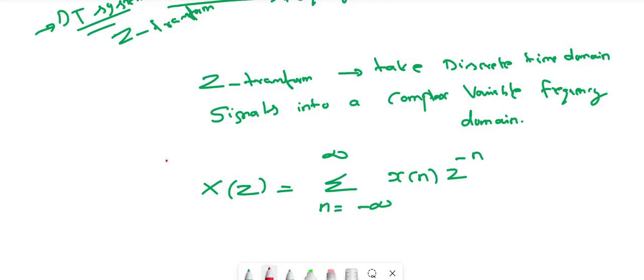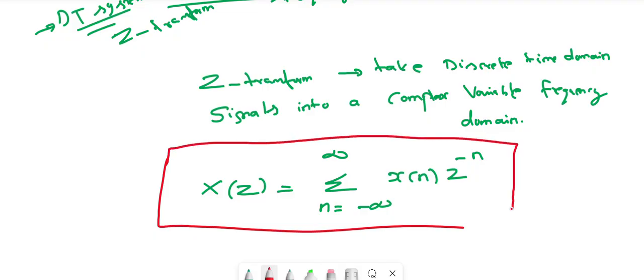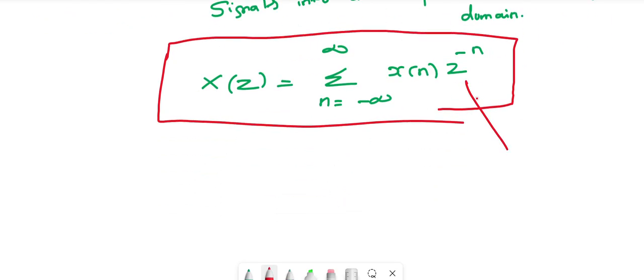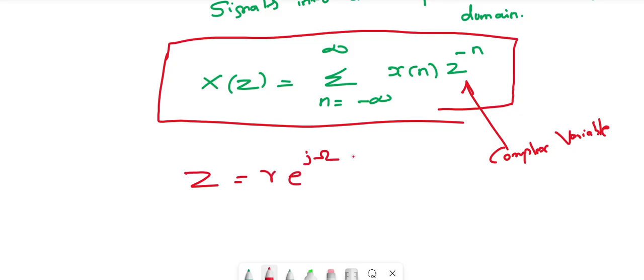Remember that this is the Z transformation equation. Z is a complex variable. You can represent Z equal to R into e power j omega.